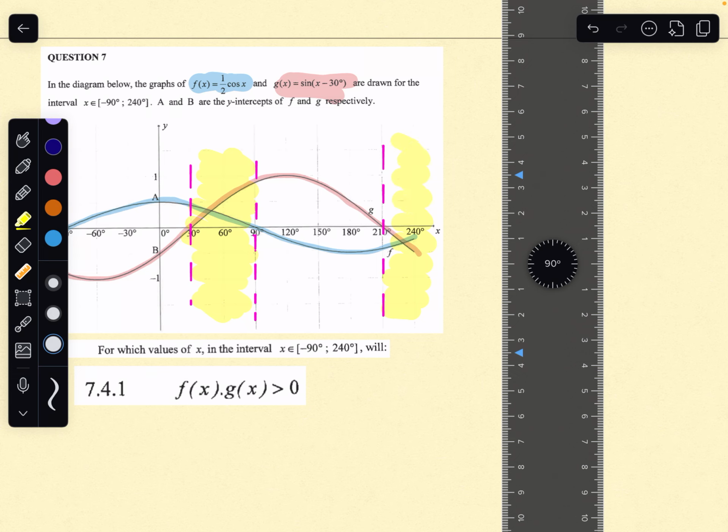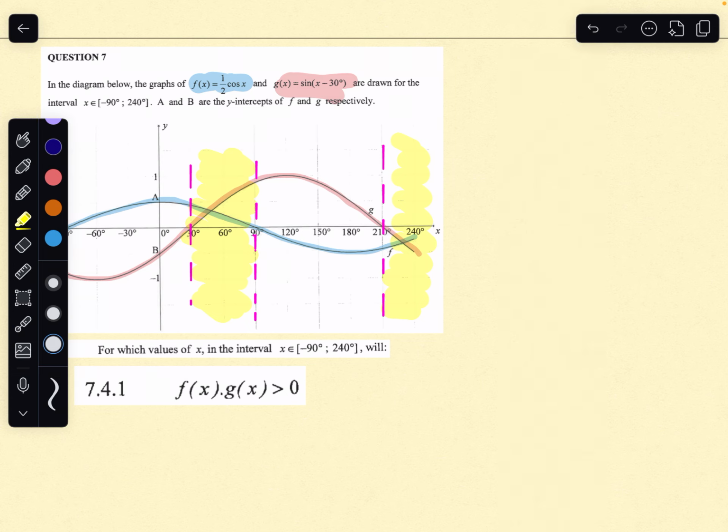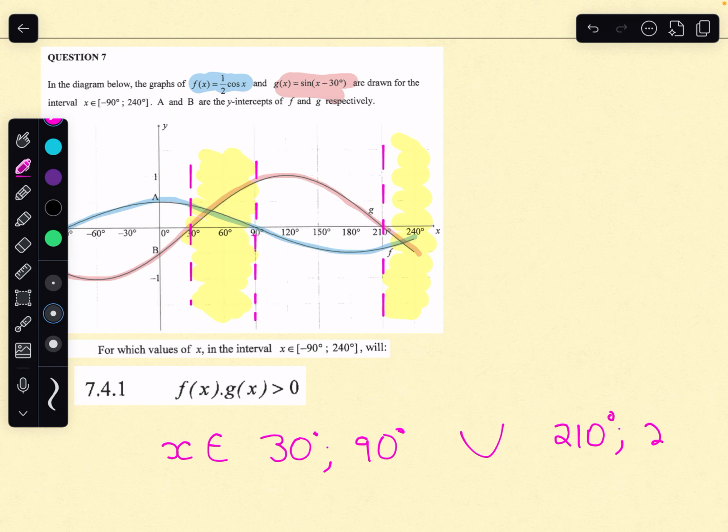Anywhere else, the one is negative and the one is positive, so multiplying them together would give us a negative value. So let us write this in words. So we either need X to be between 30 and 90, and we'll talk about the boundaries just now, whether we're including them or not, or between 210 and 240.